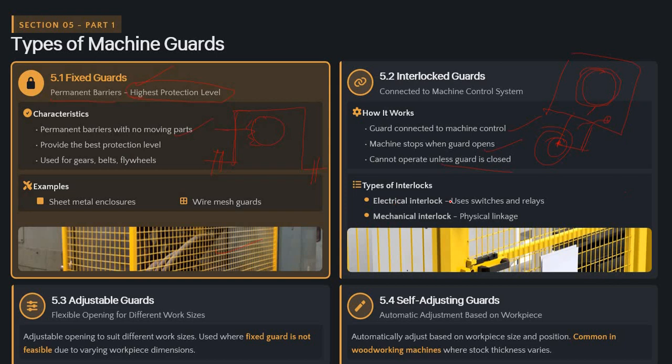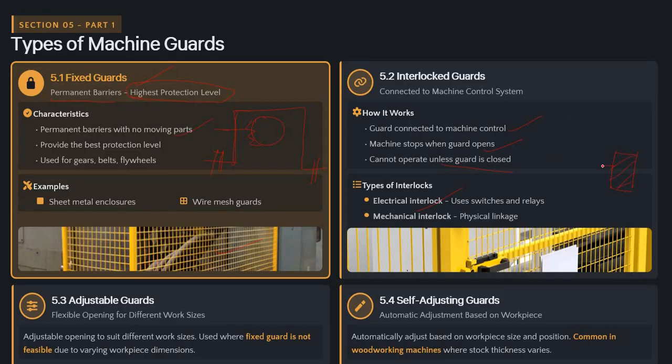Normally we have electrical interlocks, using switches and relays, and mechanical interlocks, which are like a physical linkage. Mechanical interlock is nothing but, normally, we have a door, an entrance door.